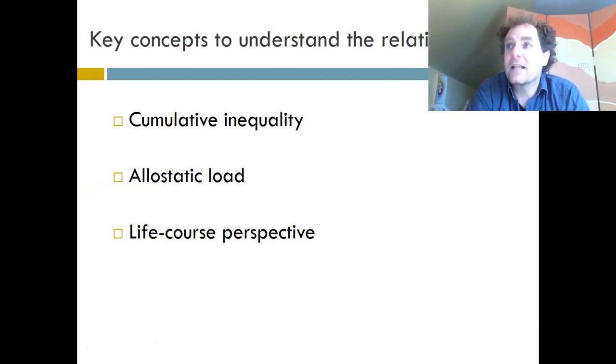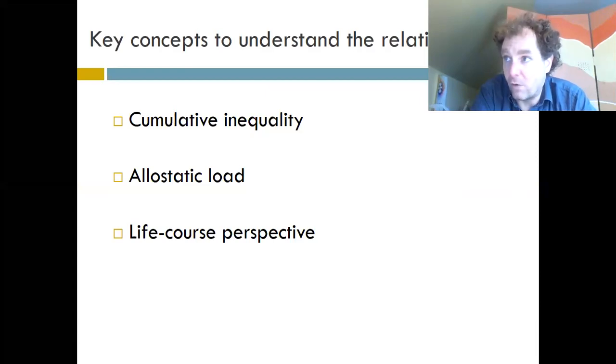All right, so the first concept is what's called cumulative inequality. Essentially the idea here is that in terms of health, the inequality accumulates over time, right? We can think of this in terms of health advantages and health disadvantages. Health advantages are things that keep you healthy, and health disadvantages are things that make you sick, right?